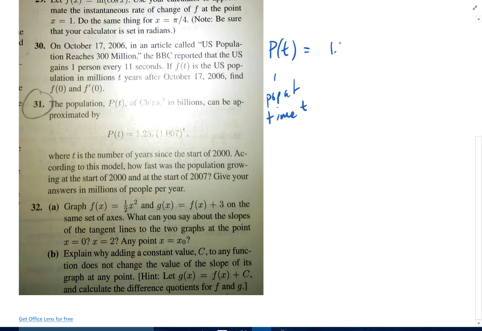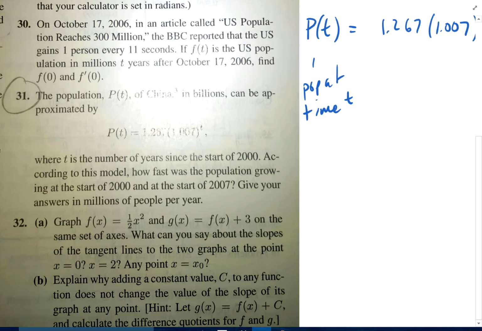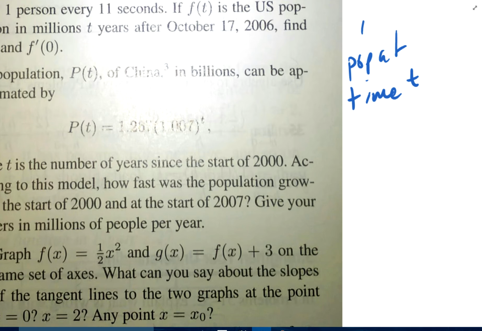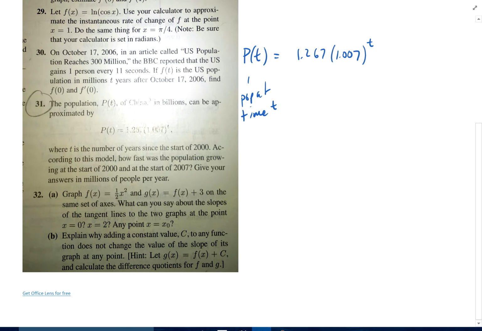And that looks like 1.267 times 1.007 to the T. I think that's what it says. Yeah, we'll go with that. Where T is the number of years since 2000.